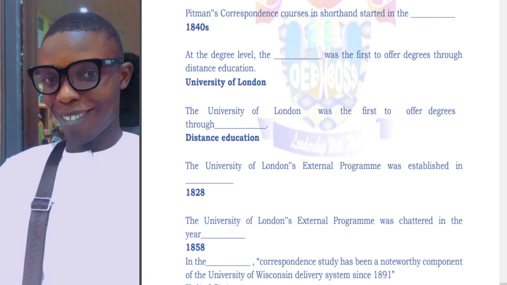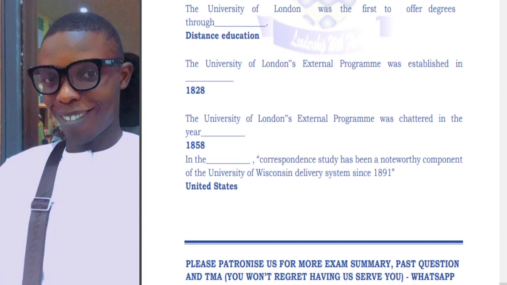You can be asked in your examination, the first school to offer degree certificates using the distance education method is dash. You type in University of London. So the University of London was the first to offer a degree through distance education.